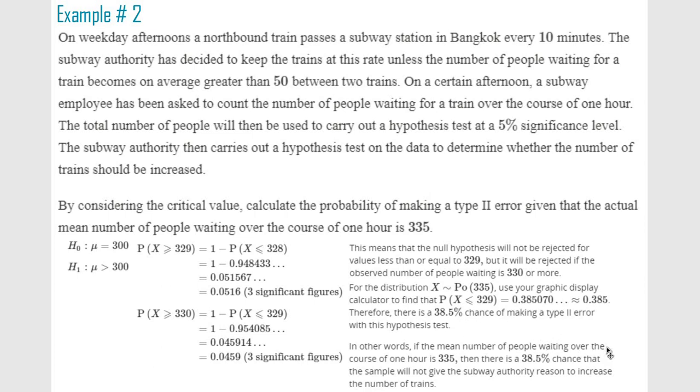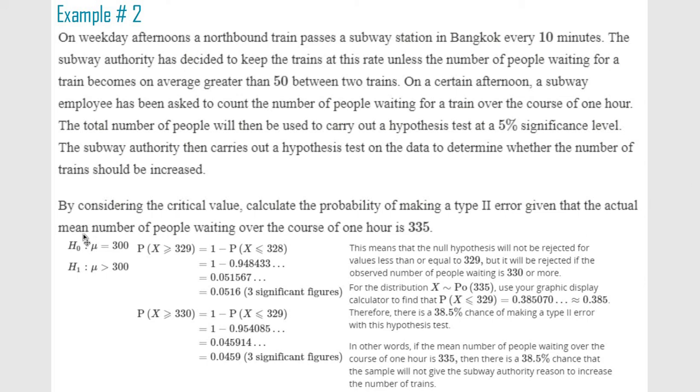So if the mean number of people waiting over the course of 1 hour is 335... I'm just confusing myself.